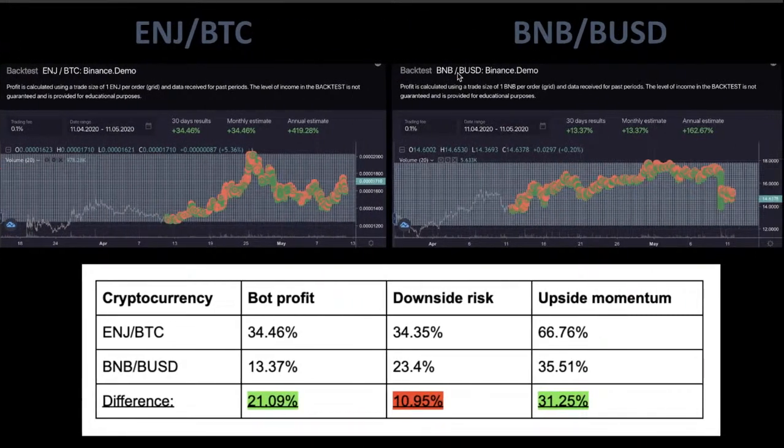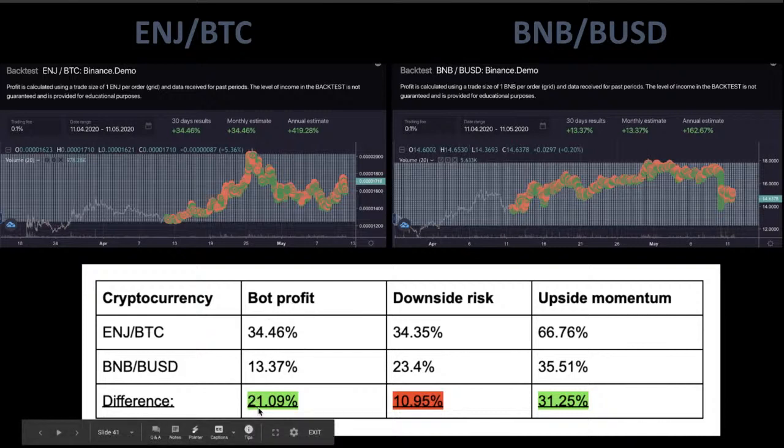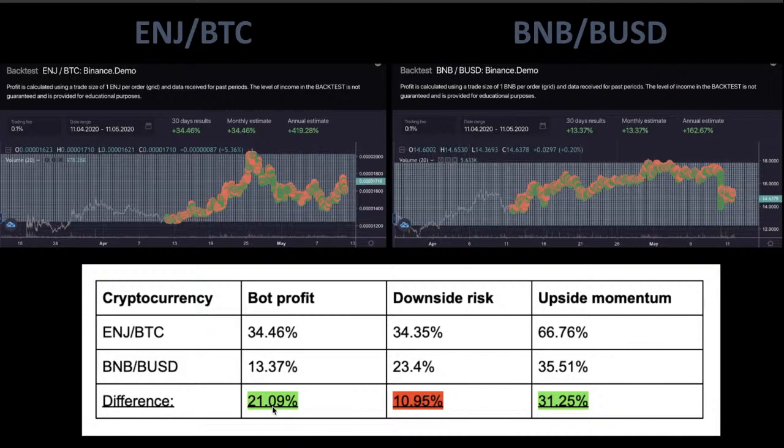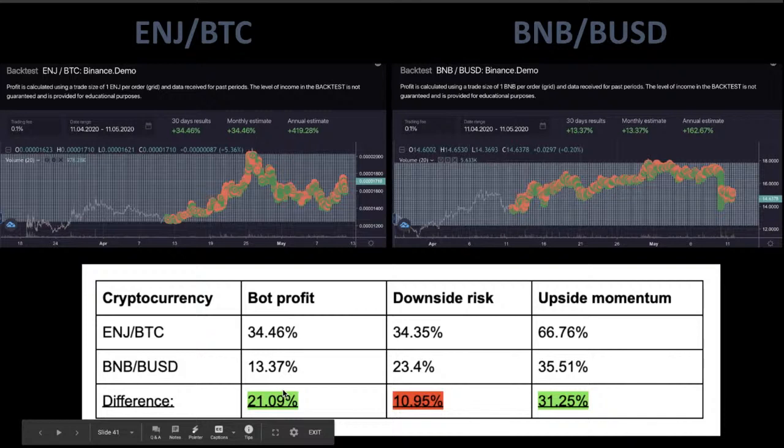Now, using backtesting, we can compare these cryptocurrencies, and we can clearly see that the first one has demonstrated a better return in terms of bot profit. It had a return higher by 21%. Seems good, right? It seems like that's a final choice.